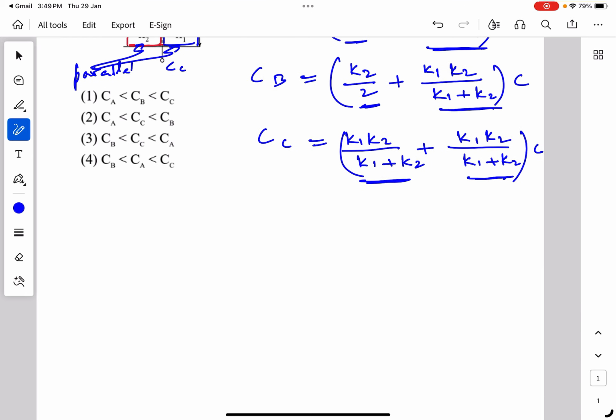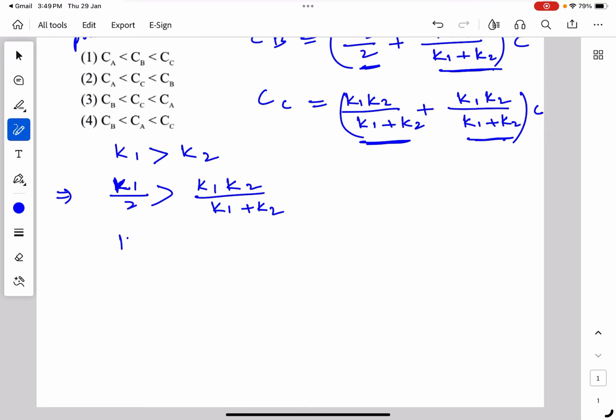Since we are given K1 is greater than K2, so we can write K1 upon 2 is greater than K1 K2 upon K1 plus K2, and K2 upon 2 is less than K1 K2 upon K1 plus K2.